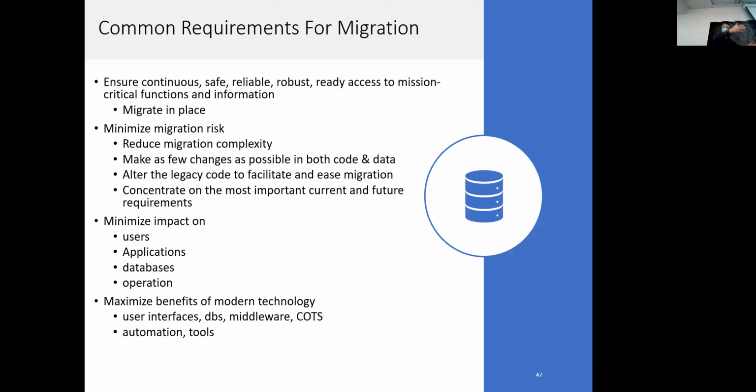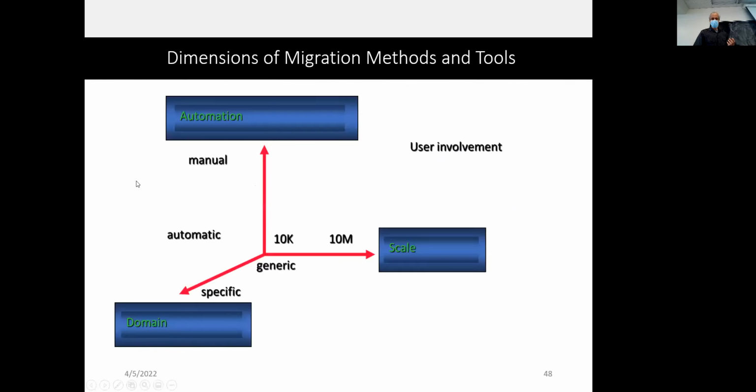At one point, you move more and more of your transactions and functionalities to the new system. The idea is you really minimize the impact on the user and everything else. So for the migration strategy, we have to look at the type of application, the size of the application, and also whether we have any tools which can help us during the migration process.